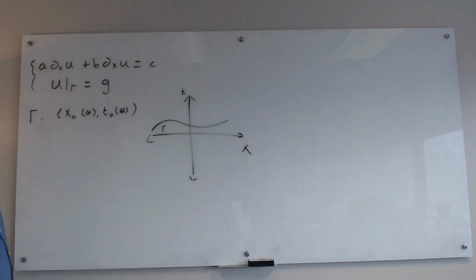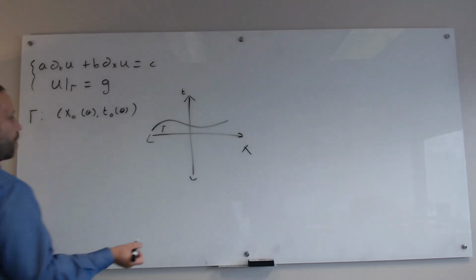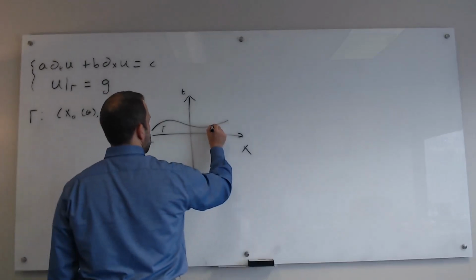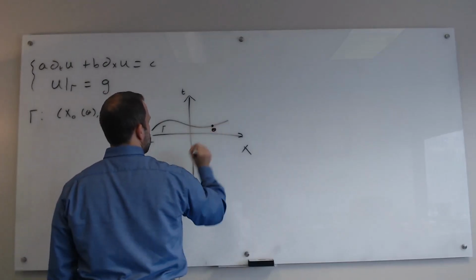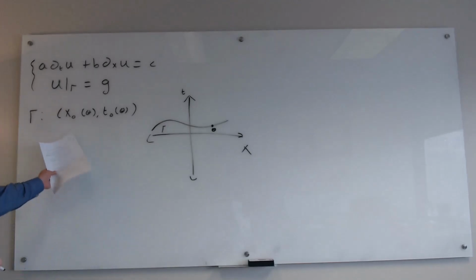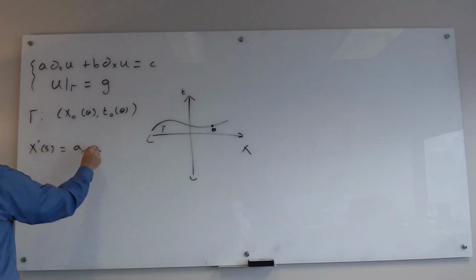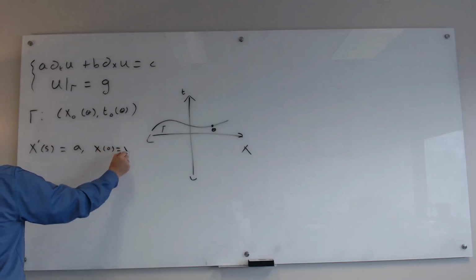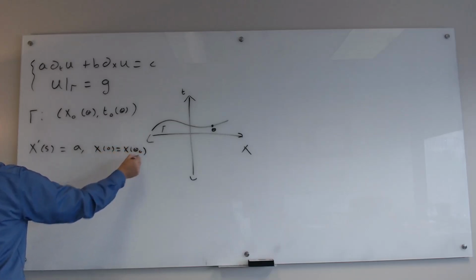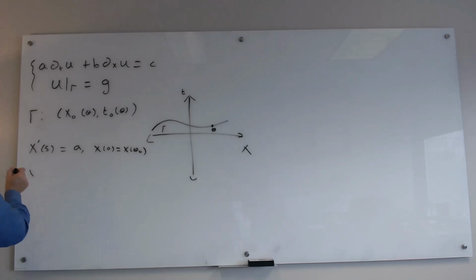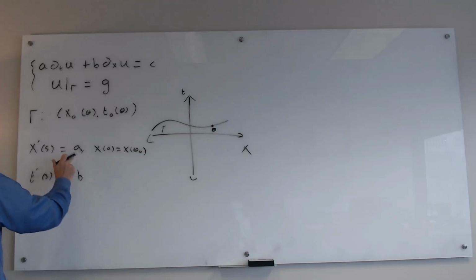that is parameterized by this curve here. So what we can do then, for every parameter value, we get a different x naught of theta, t naught of theta, and we have been setting up a system of differential equations. x prime of s is equal to a, with x of 0 equals x naught of theta. t prime of s equals b.